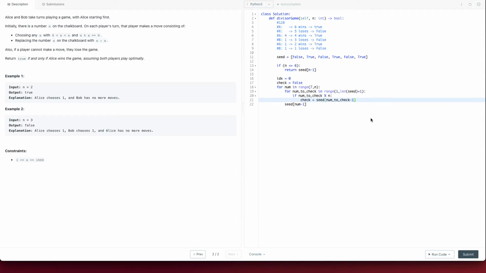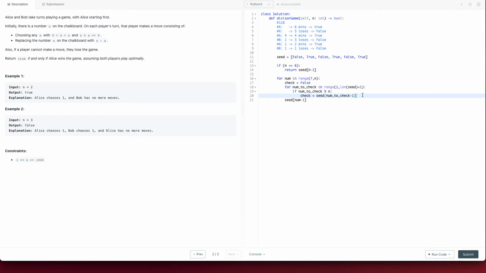So for every number I'm going to reset this check to false. And then I'm just going to scan the numbers. If it's divisible, I'm just going to go ahead and say check is equal to this.